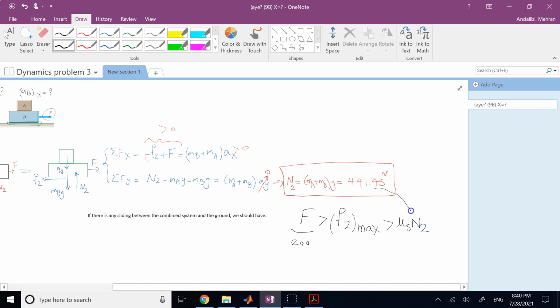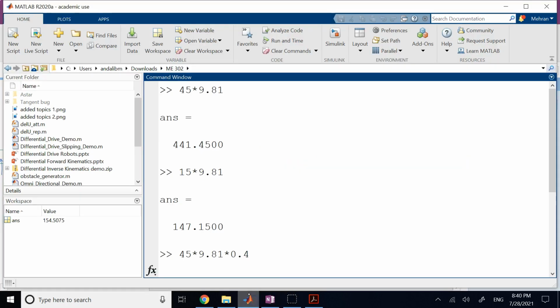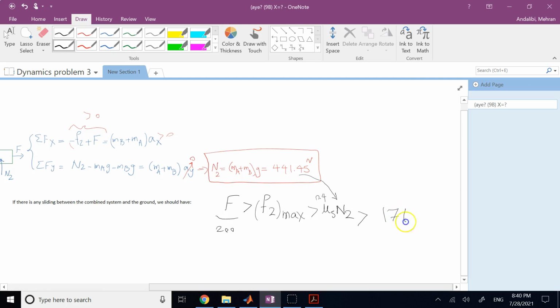So I plug in this N2, and mu s here is 0.4 as the problem says. So it has to be bigger than 0.4 times that 441.45, which you calculate, and you get 176.58 Newton. So as long as the applied force F is bigger than the maximum friction that the surface can potentially generate, which is 176.58, there will be a sliding, there will be a motion, and my force is 200, already bigger than that. So there will be sliding.